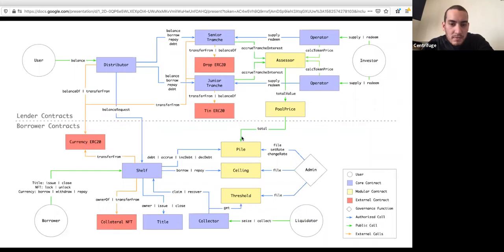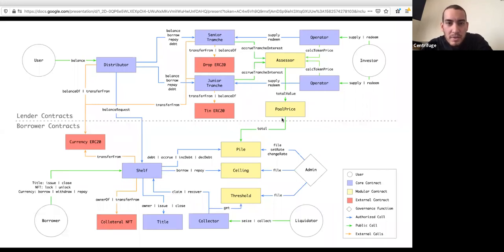I'll try to go through that and also leave enough time to answer questions. I see a lot of questions popping up in the chat, but I'll take 10 more minutes to go through these contracts and show what we actually do when you take an NFT and deposit it.